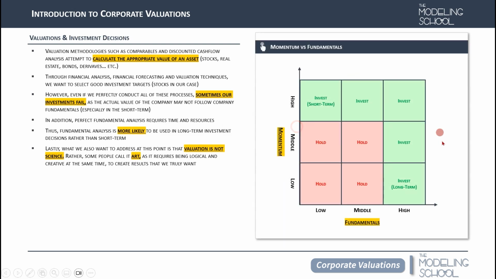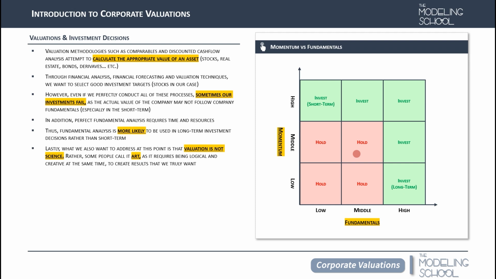So on the right, we're looking at a framework that I've personally created. One of the most frequently asked questions when teaching valuation is whether performing a valuation guarantees investment success. People often ask if I use perfect assumptions from the 101 course and apply flawless valuation methods and assumptions from the 201 course, can I guarantee a successful investment?